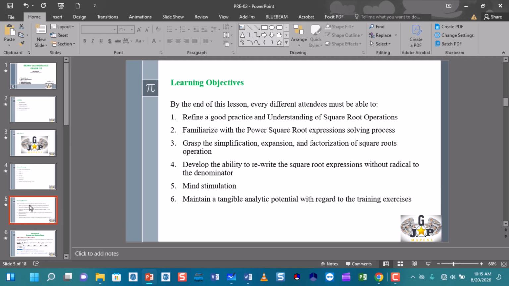So yeah, the learning objectives. By the end of this session, every attendee must be able to firstly refine the good practice and understanding of square roots operations. You have to be able to understand it, because if you don't understand it, you cannot solve it. Unless you understand it, then you will be able to solve it.